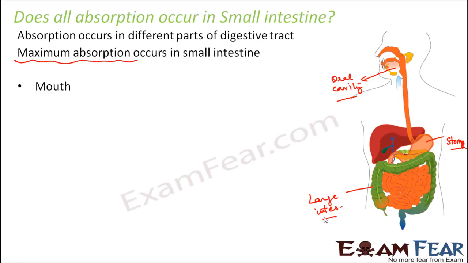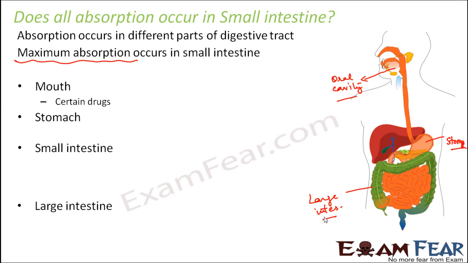So if you talk about the mouth or the oral cavity, as I said, these are all the places where some absorption takes place. In the mouth, certain drugs which might be present in the food can be absorbed. Stomach: water and simple sugar. So if you see, water is something that might get absorbed in other sites as well. Otherwise, a little bit of simple sugars.